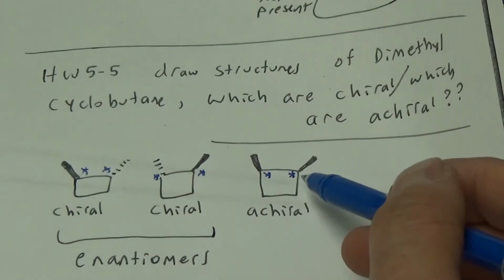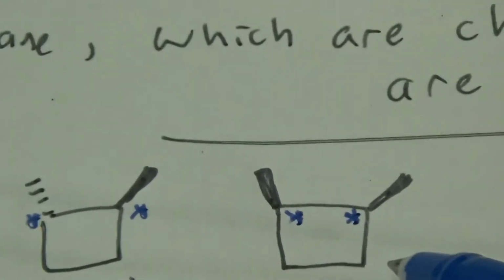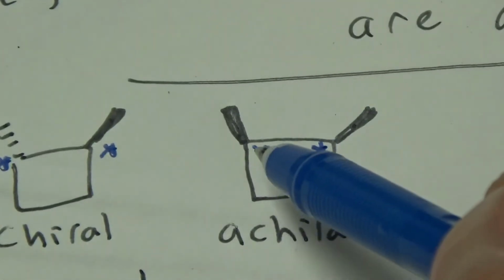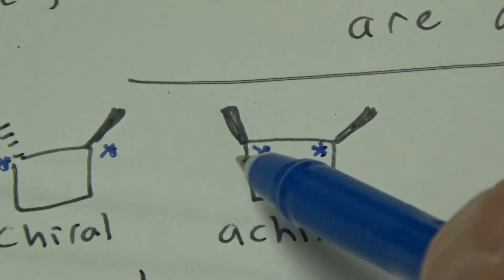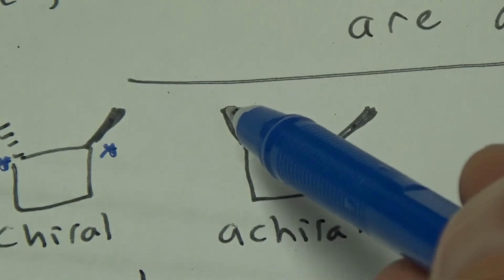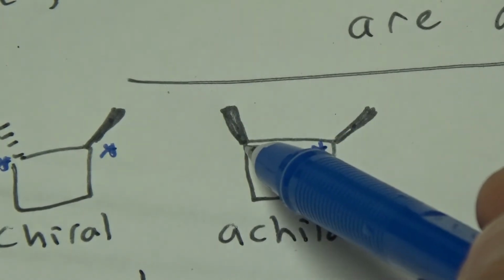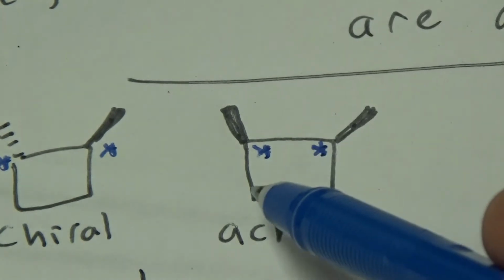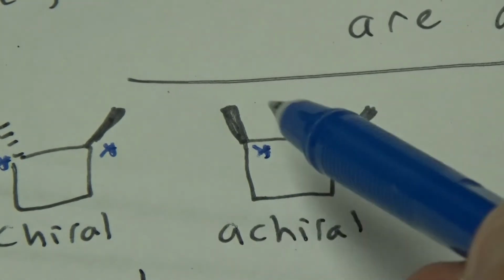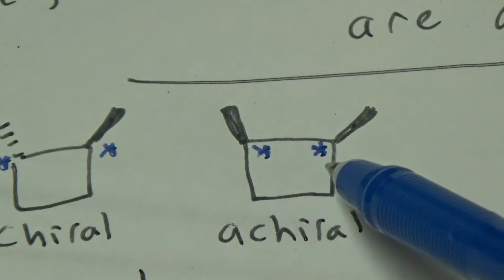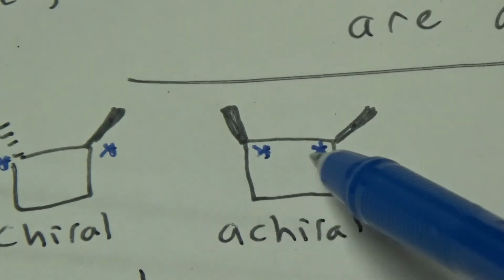By the definition of chiral center, if you have 4 unique substituents, they do. You have a CH3, you have an H, you have a carbon with a methyl on it, and you have a CH2. That's 4 unique things. And that is a chiral center, just as that is a chiral center. Those are both chiral centers.